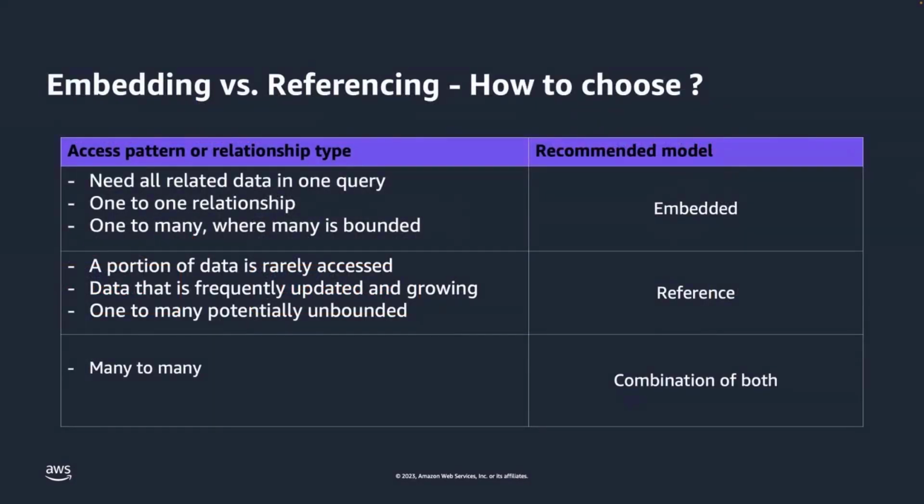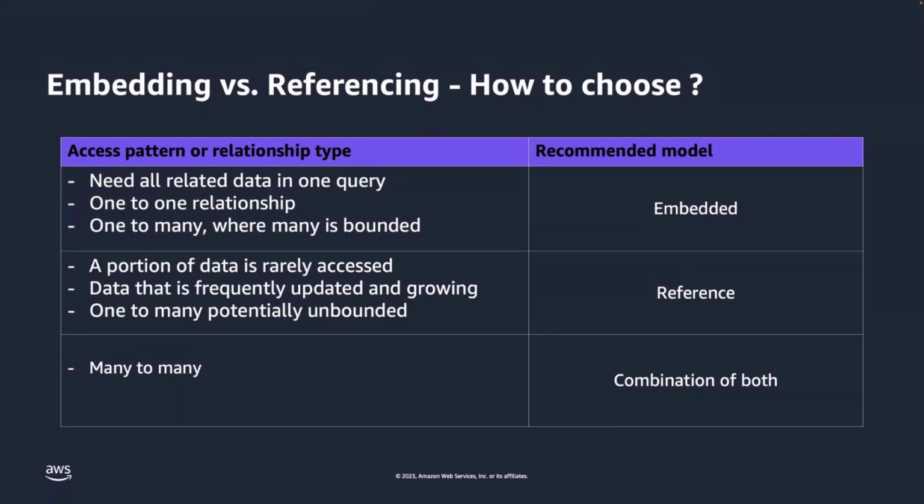So based on what I presented so far, how can you choose between the embedded and the reference model? I have summarized here the things to think about when choosing between the two models. If you have related data and you need to retrieve it in one query, or if you have a one-to-one relationship, or a one-to-many but bounded relationship, where the many side is not a huge number but a limited number, then the recommended model would be the embedded one.